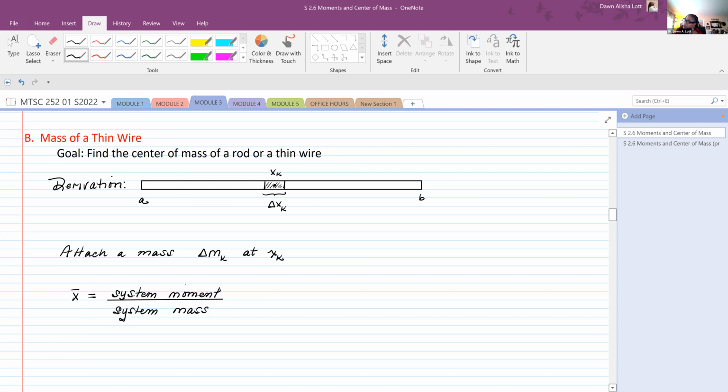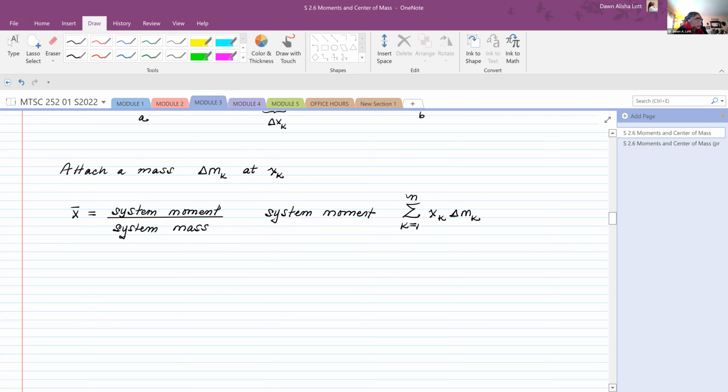Okay, and the system moment, we already know, is the sum k equals 1 to n of xk, and now we're going to use delta mk, because that's the little bit of mass attached to that point.